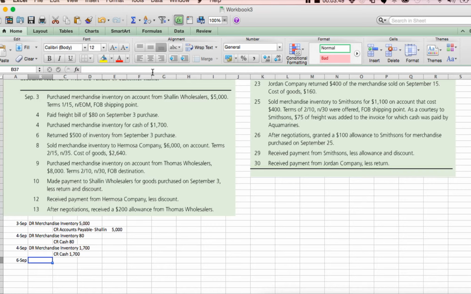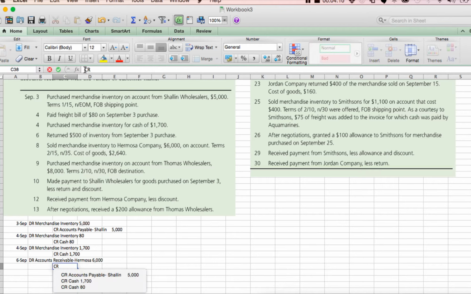Okay. So on the sales side, we are selling on account, so that's going to be an accounts receivable, and we're going to label that Hermosa. That's going to go to $6,000. Then I should put a DR in front of that. And we're going to have a credit to sales revenue for the same amount, $6,000.